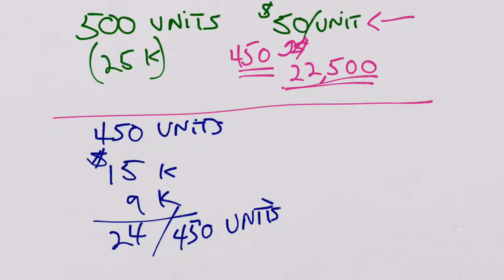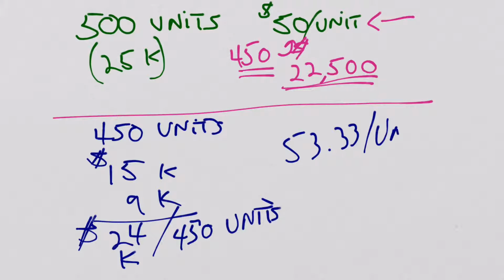Oh, it's not on. Turn it on. So we would have had $24,000 over 450 units, and that would have been $53.33 per unit as the amount of overhead applied, because we have fewer units, so it's got to be more dollars per unit to apply to each unit to cover the overhead.